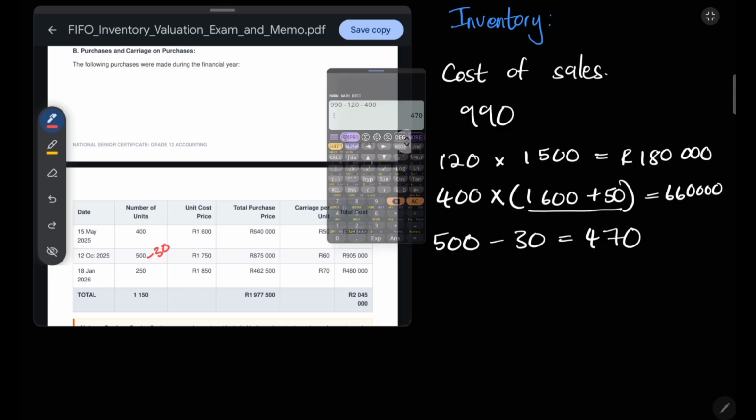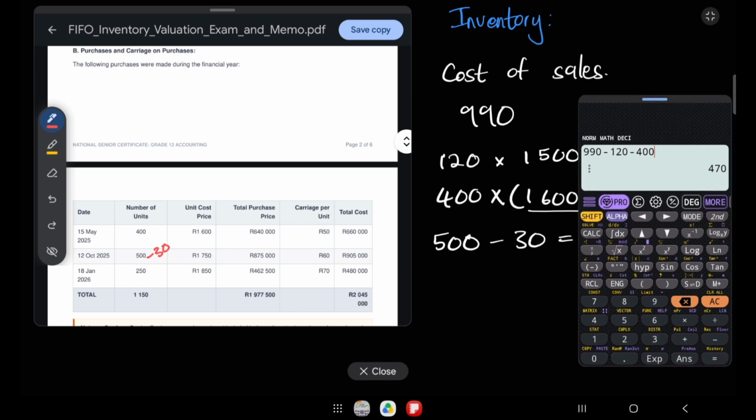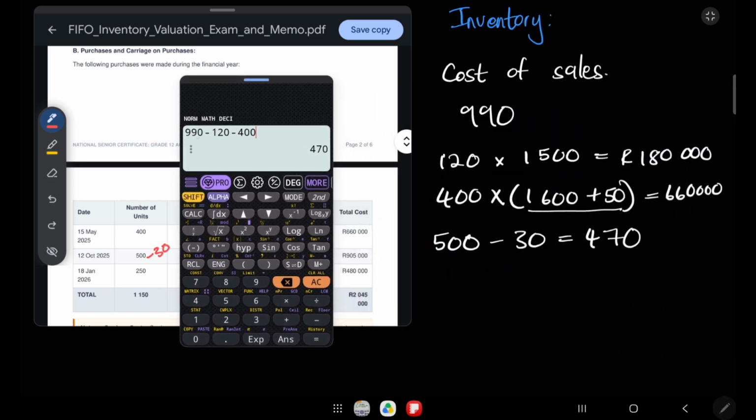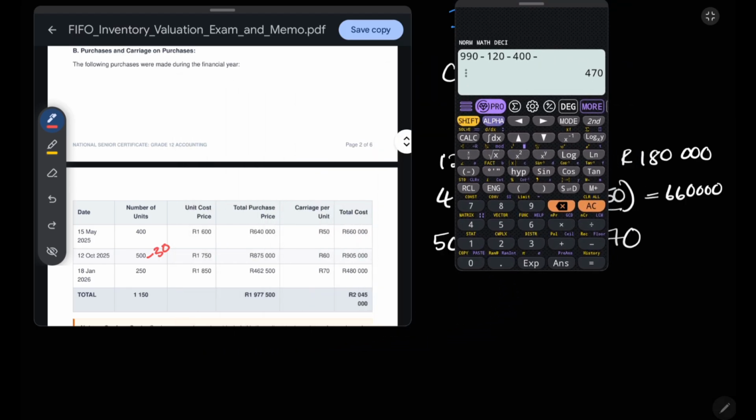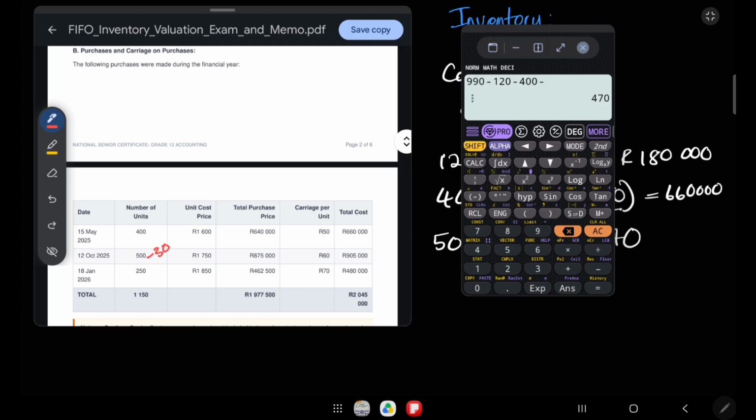Now remember, we said 990 units were sold. So we took out 120 from our opening, then 400 from the 15th of May. Then we have 470 units left. In October, we no longer have 500. We have 470, simply because there were returns made on this specific day.